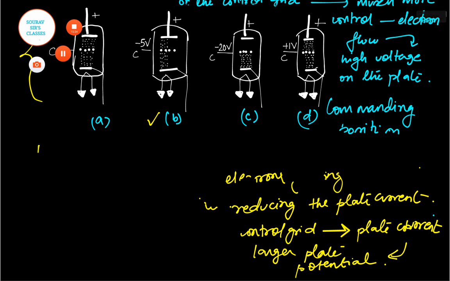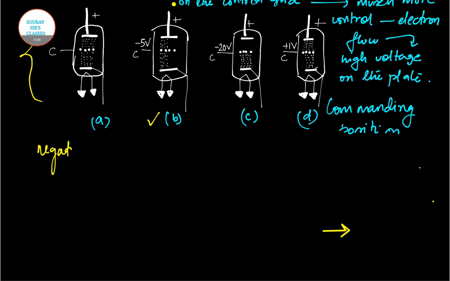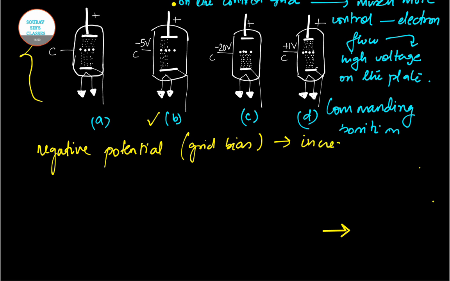Now, as the negative potential on the grid, called the grid bias, is increased, the plate current decreases continuously.